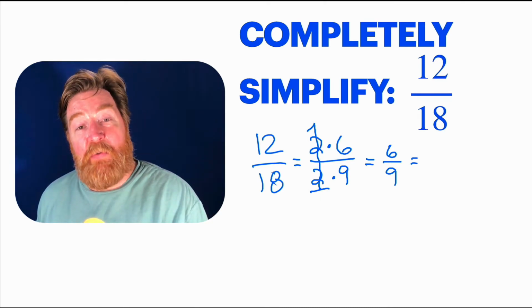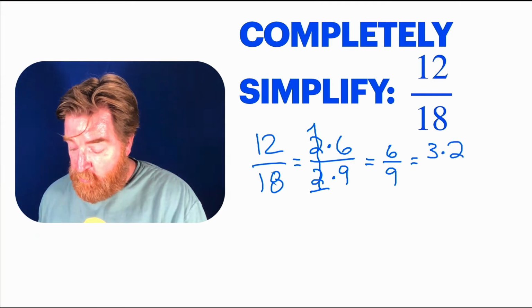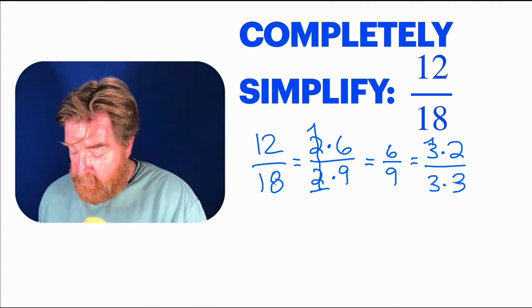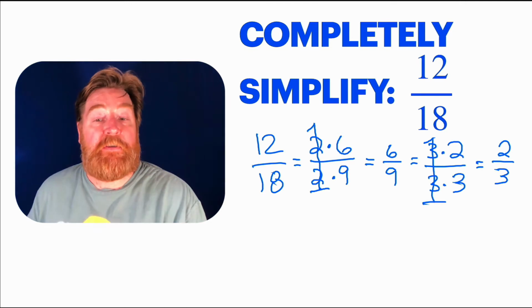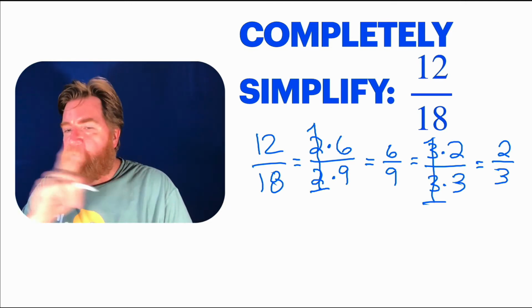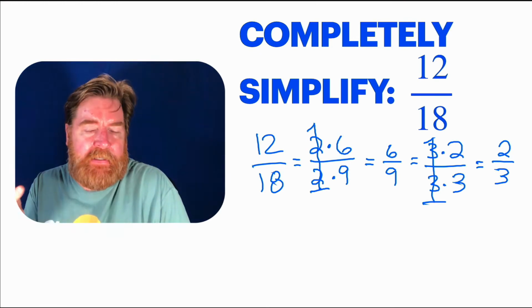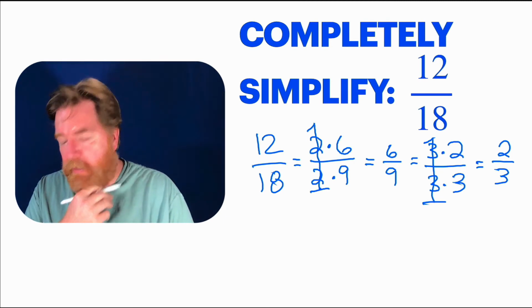6 and 9 both share a factor of 3, don't they? 3 times 2 and 3 times 3. Here's another 1. 1 times 2/3 is 2/3. And guys, once we get to 2/3, if you notice, there's no common factors between 2 and 3 other than 1, but that's not going to help us write it any simpler.